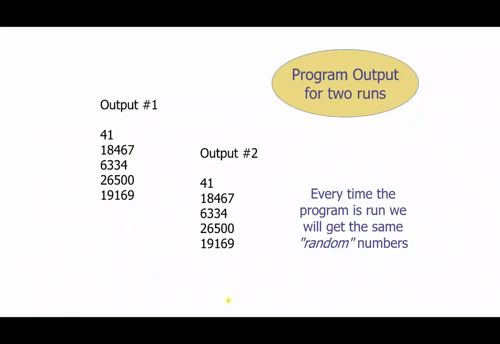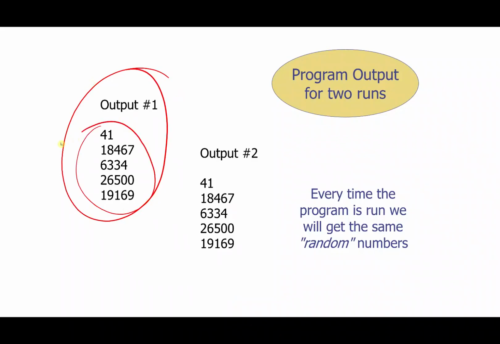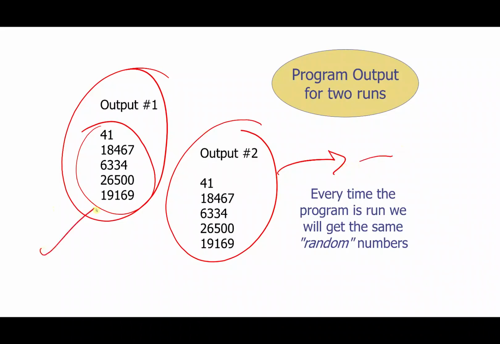Since you're using the same exact default input, the 5 numbers when you run the program the first time, the 5 random numbers when you run your program the second time, the 5 random numbers the third time, the fourth time, the millionth time, are going to be exactly the same. Exactly the same, right? Because they're using the same exact default input.